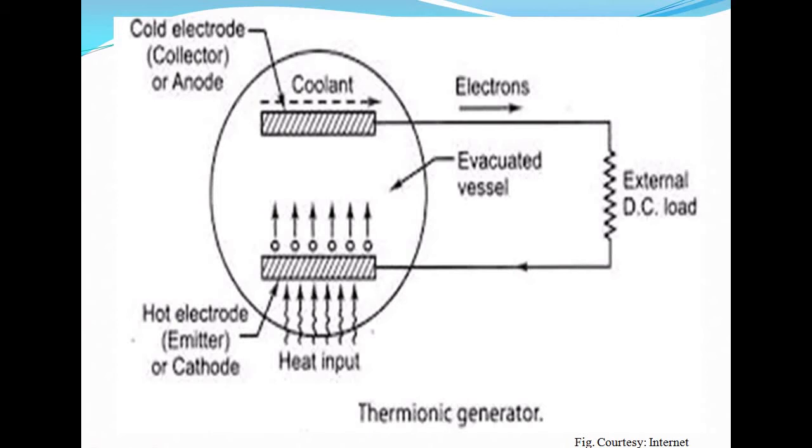Here you can see the heat input. So electrons will escape from the bond and they will travel toward this electrode, and this is the anode, which is the cold electrode, also called the collector. From this cold electrode electrons will start flowing. This is the external DC source, we can see here. So now current will start flowing. So this is the concept of the thermionic generator.